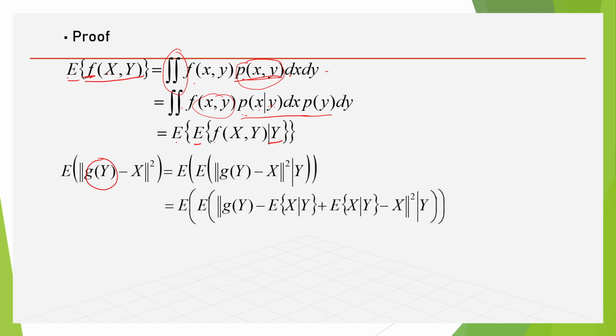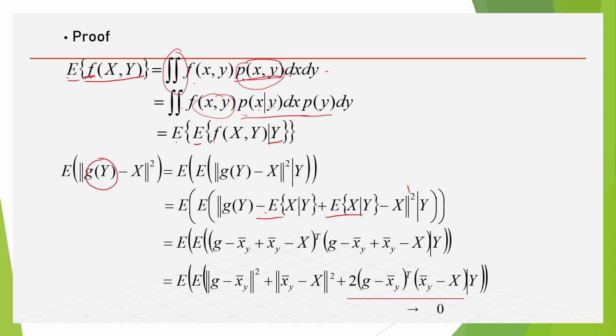We use a trick: minus this and plus this again, it will be the same, and then expand it, because the norm square can be rewritten as a row vector transposed times a column vector. Finally, this part is 0, because one expectation is just a number, and the expectation of h given y is the same thing as this one, that's why this is 0.